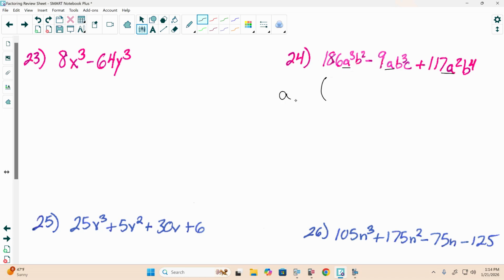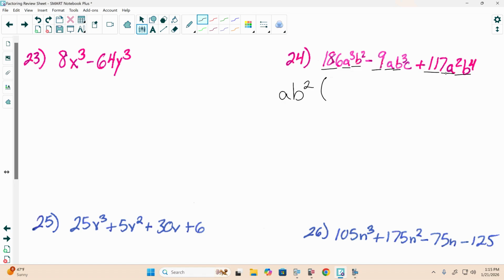Well, I do have b squared, b cubed, and b to the fourth. So the most b's we can take out of all three is b squared. Now we need to make sure that 186, 9, and 117 do not have a greatest common factor.